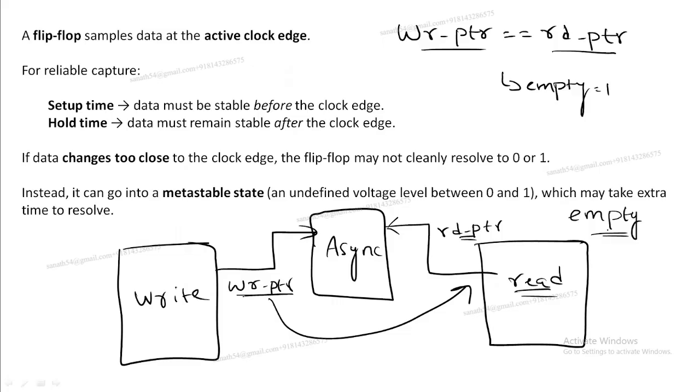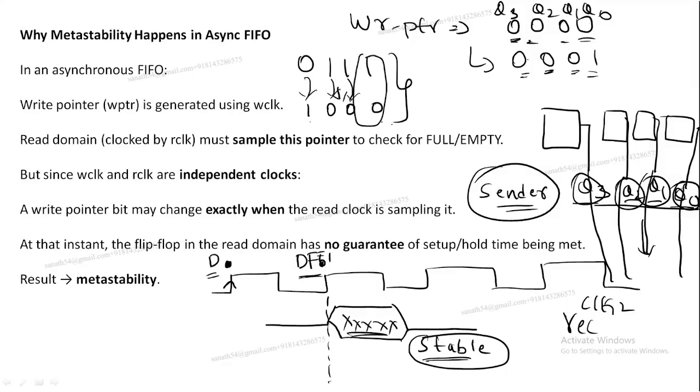So why are we using gray code? Suppose you take a 4-bit number, that is, the read pointer or write pointer is 4-bit. When it changes from 0111 to 1000, there is a change in all 4 bits, whereas in a normal case there is only one change.